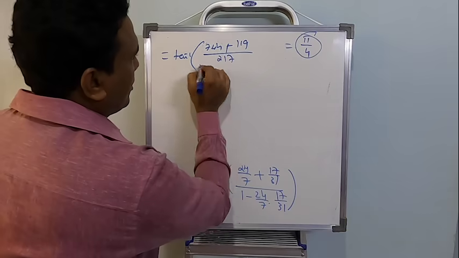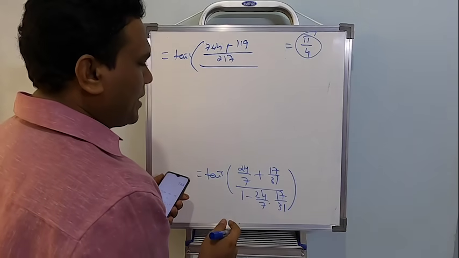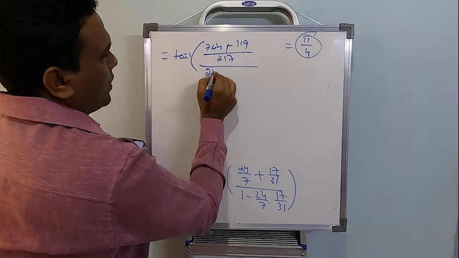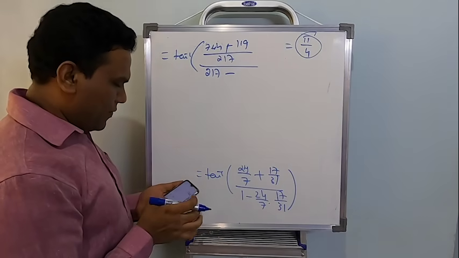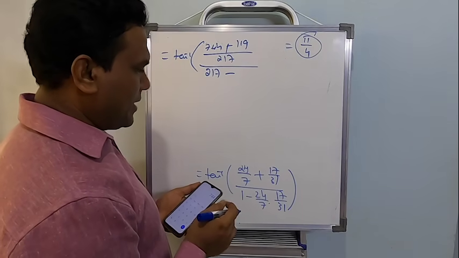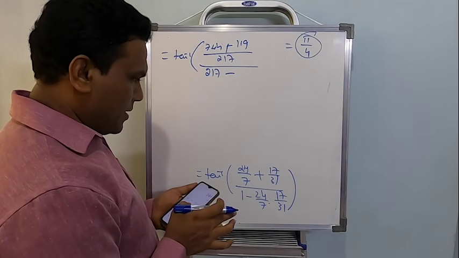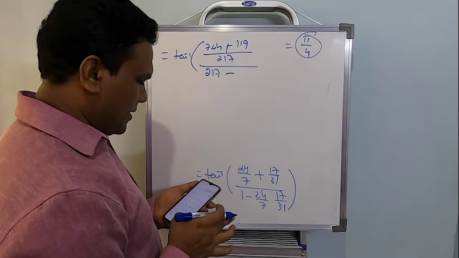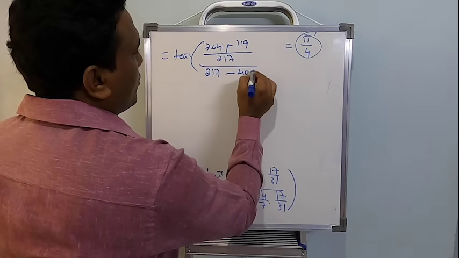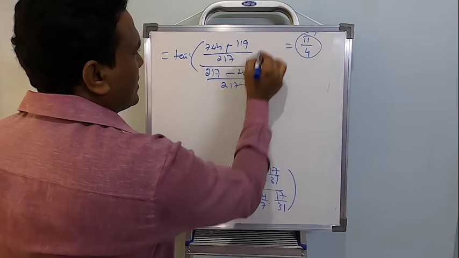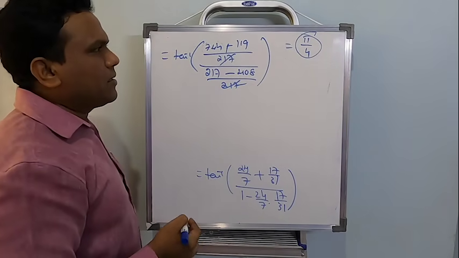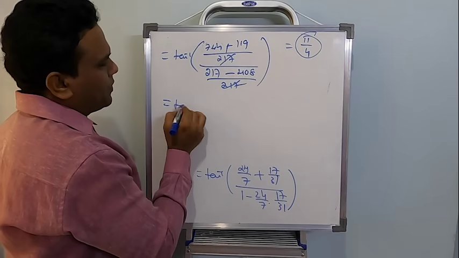Now let's have the denominator. So 7 multiplied by 31, that is 217, minus 24 multiplied by 17. So let's have the value. 24 multiplied by 17, this is going to be 408, divided by 217. Numbers are a bit large. I should take the help of my calculator.